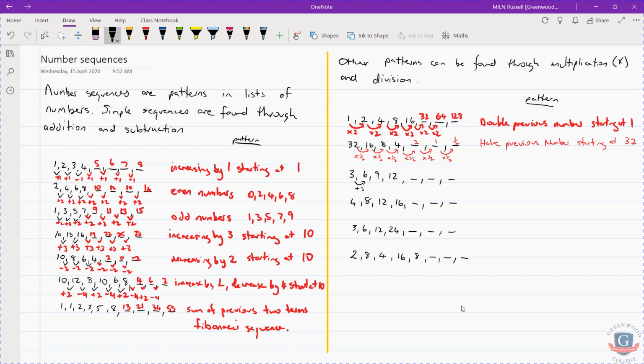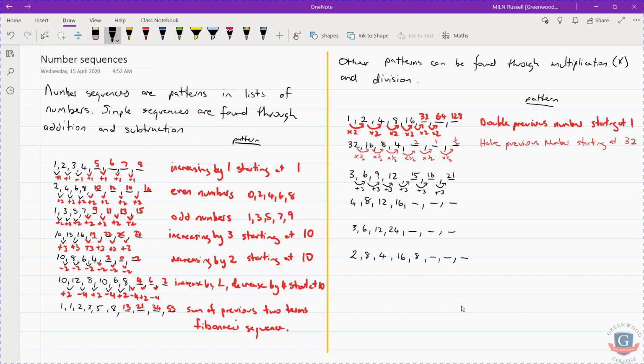That's plus 3, and that's plus 3, and that's plus 3. So the next one would be plus 3. That'd be 15. And that one would be plus 3. That would be 18. And that one would be plus 3. That would be 21.